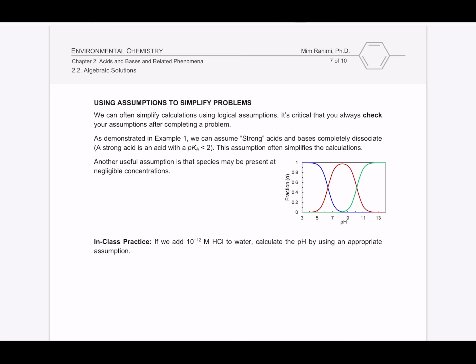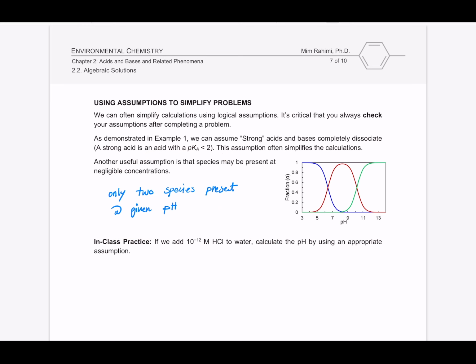So in this alpha example, what it shows is that we only have 2 species of this acid present at a given pH. So it might not be the most useful assumption, and this is probably too specific for this example.